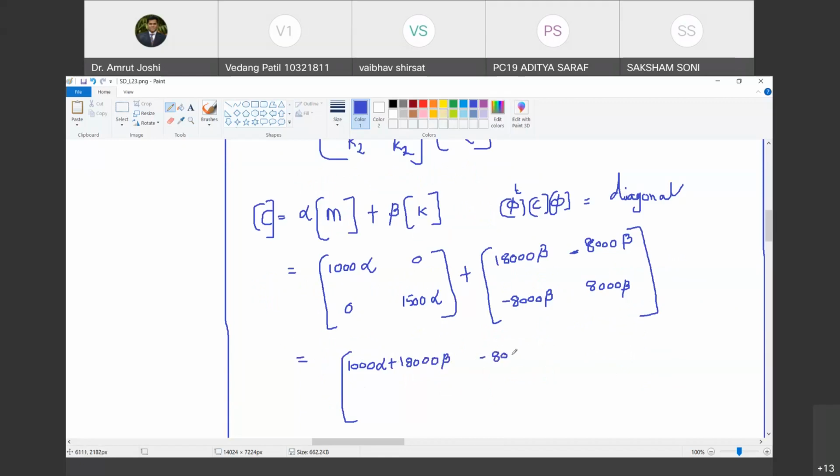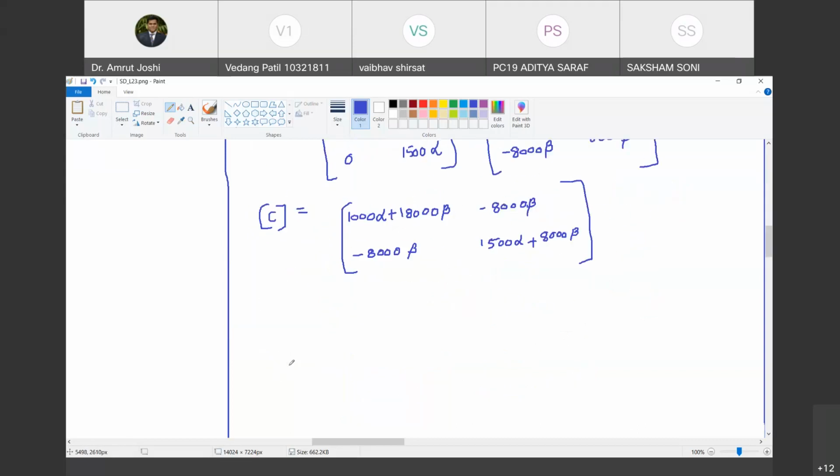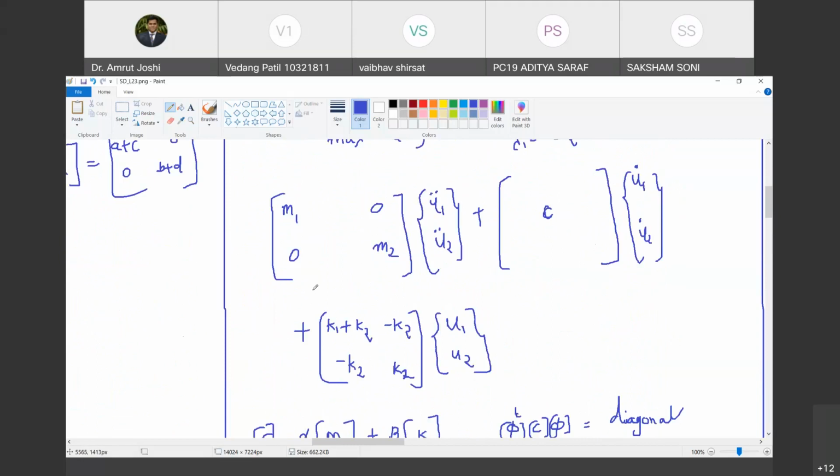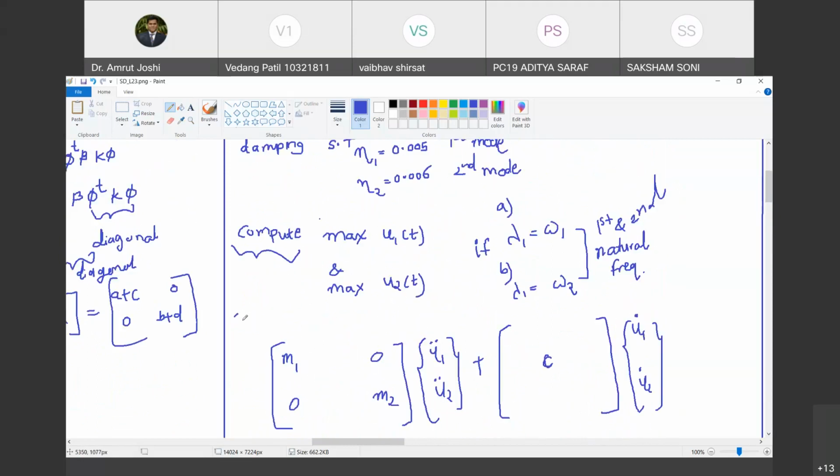Yes. Minus 8,000 times beta, minus 8,000 times beta, and 1500 alpha plus 8,000 beta. Happy? Yes, sir. This is the C matrix. Fine. Now, this is the first step. So I'm going to call this step number 1.